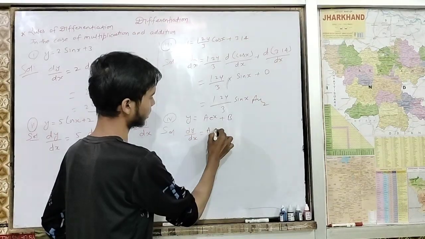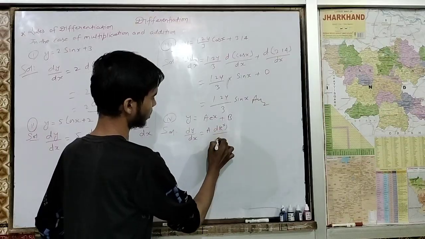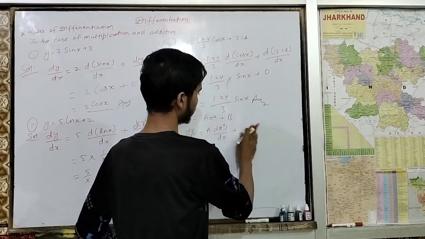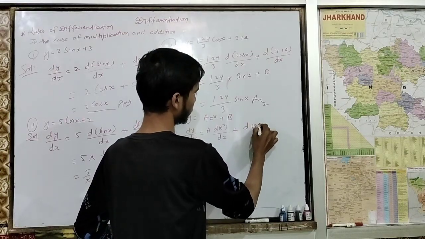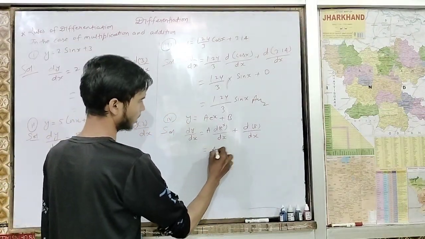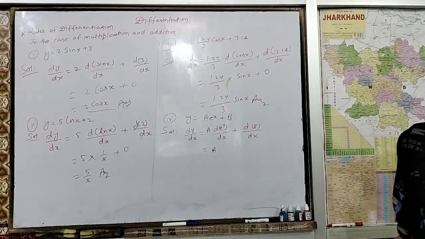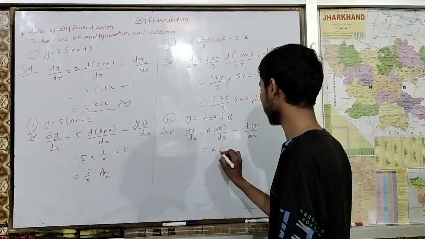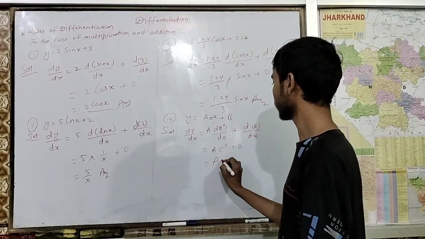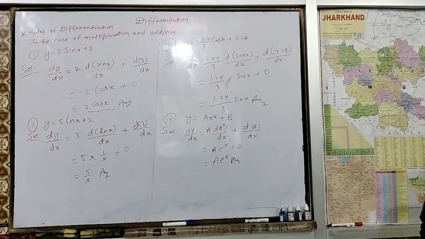Clear? A will stay as it is, and it will be differentiated upon dx. Then we have B, the differentiation of B upon dx. Here A stays as it is, and e raised to power x will also stay as it is, because the differentiation of e raised to power x is always the same. Then this will become 0. Here we have the output of this input.